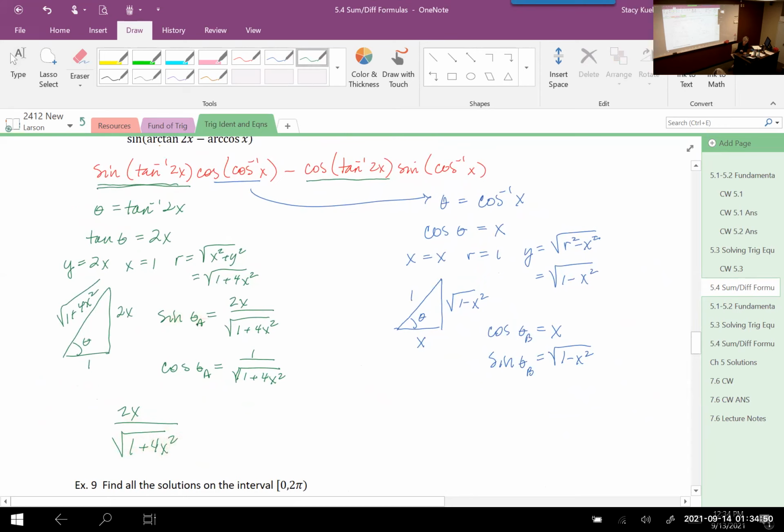So it's the sine of angle A times the cosine of angle B, plus the cosine of angle A, 1 over the square root of 1 plus 4x squared, times the sine of angle B, which is the square root of 1 minus x squared over 1.